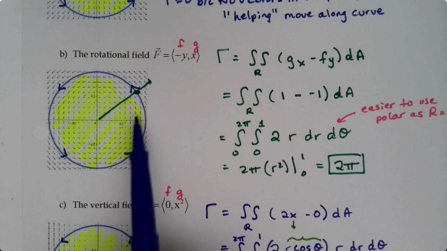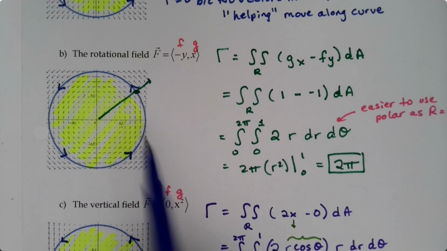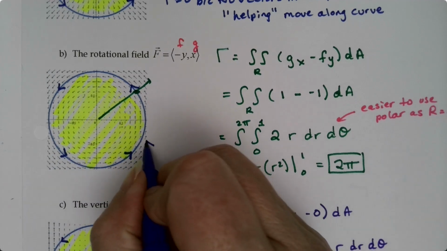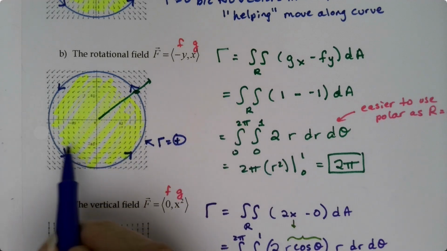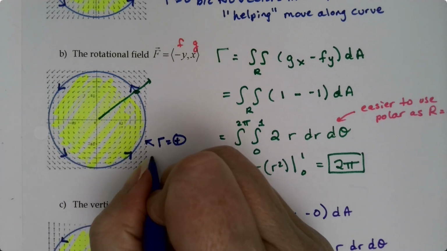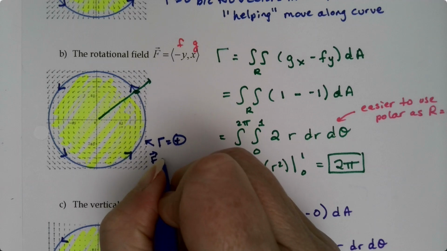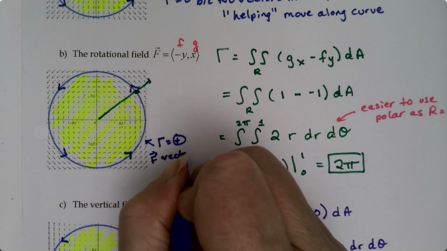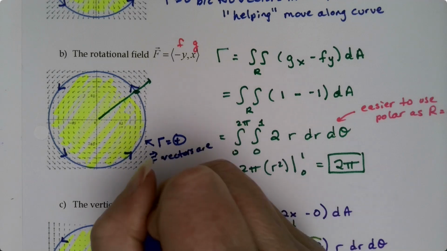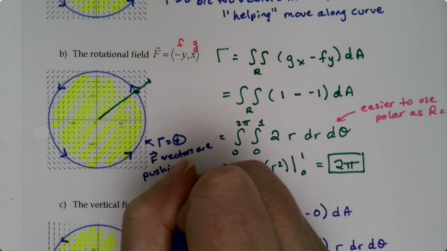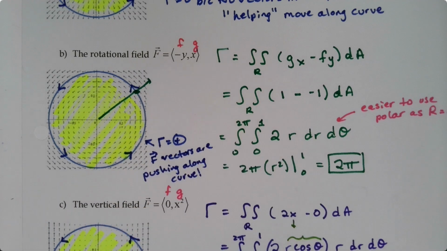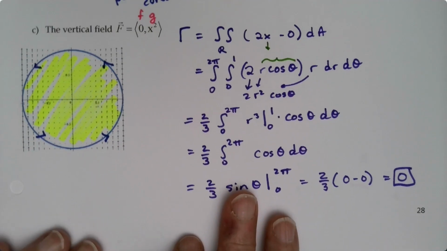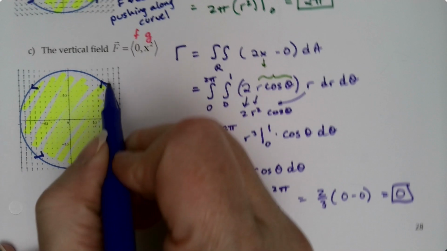Whereas in this one, tons of vectors are helping, right? So this is a positive number, so this has a positive circulation because look at the arrows, right? They're going right with the curve, right? The vectors are pushing along the curve. Whereas in C, it's pushing with you and then it's against you.